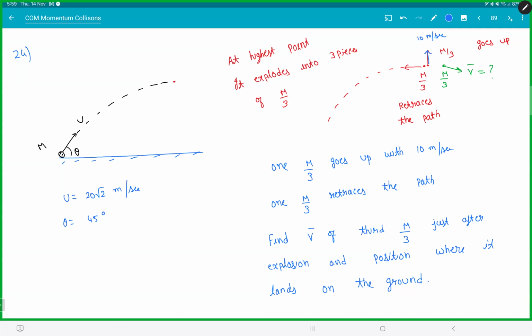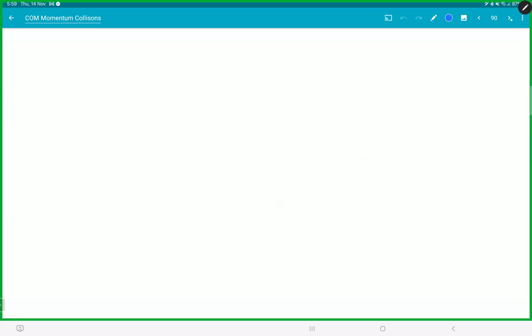You need to give me speeds, you can't tell me the magnitude. The speed is easy. At the highest point when it is exploding, what is the speed here? This is mass m, going with u cos theta, which is 20 root 2 cos 45, 20 meters per second. This is just before explosion.